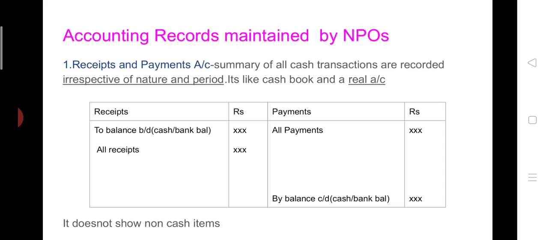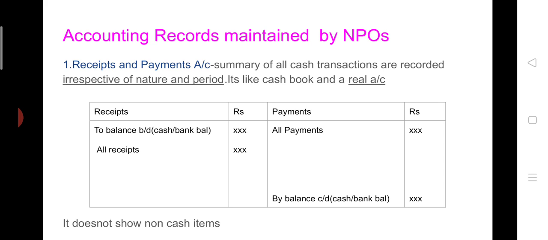Okay, and no need to see the period also, because the money may belong to the previous year or this year or next year. Suppose you are making the account for 2019, then the cash payments which belong to 2018, 2019 and 2020, okay, all will come to 2019.